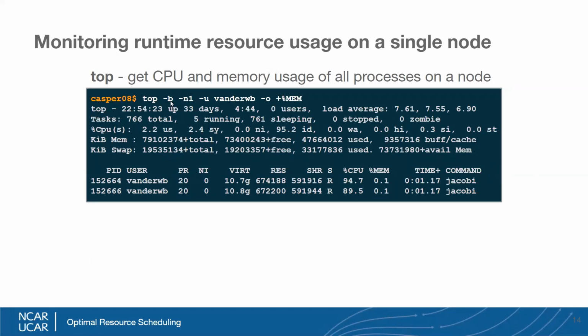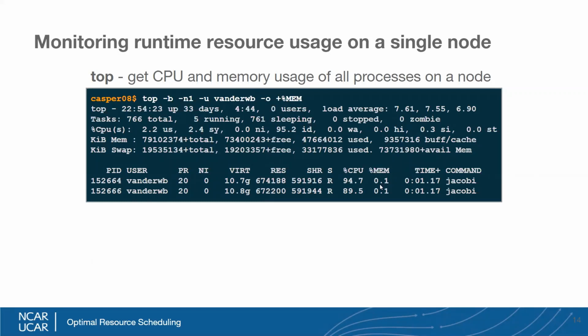So if you're not interactively using the node, you can do this with -b, and give it a count of one. This will do one sample and show all of the jobs for me. And then I use this -o option to sort by the memory field, the percent memory column here. I could also sort by the resident memory as well. That would give me a similar sorting.